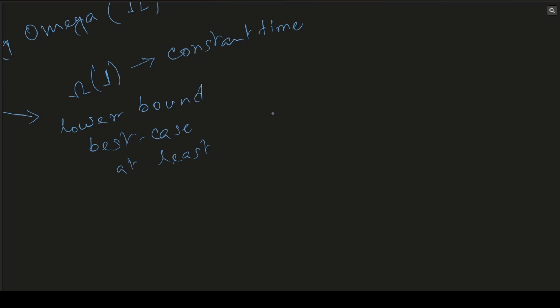If you were lucky and the name is the first element, you find it in one check. So the best case is constant time, and we write omega of 1. Notice here, one algorithm can have different upper and lower bounds. Linear search is order of n, and omega of 1 is the best case.